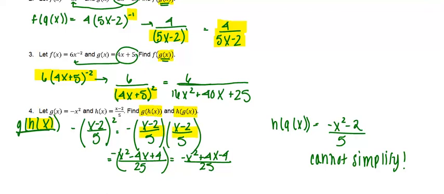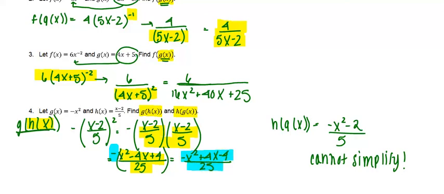Okay, now, for example 4, I asked you to do 2 function compositions. The first one said start with h and plug it into g. So unfortunately in this case I have a fraction that I'm squaring, and we know that anytime we square a fraction, it's really multiplying something by itself. So if I multiply 2 fractions, I'm going to multiply across.